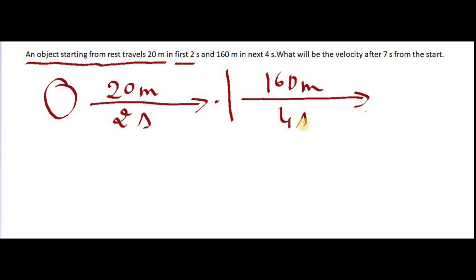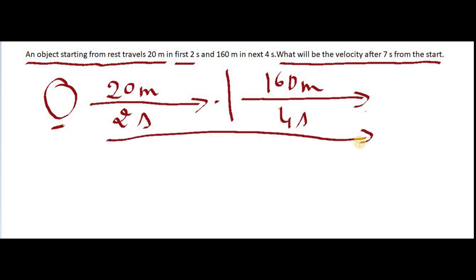The thing we should find is what will be the velocity after 7 seconds from the start. So this is the initial or start position. The question asks that if the total time period taken is 7 seconds, how much distance would it have traveled? So we are going to find this now.